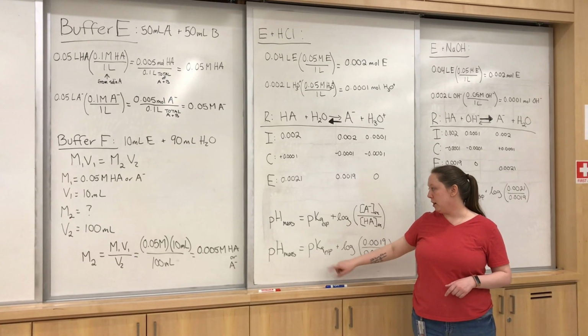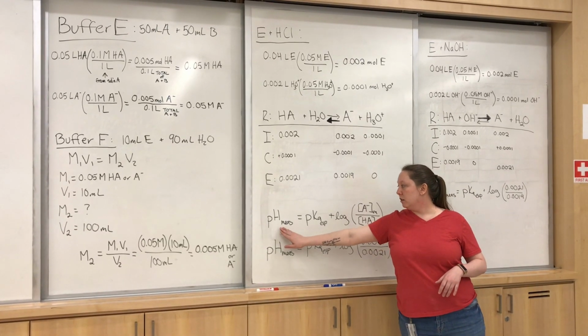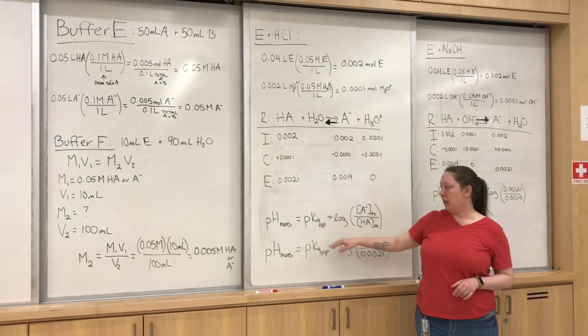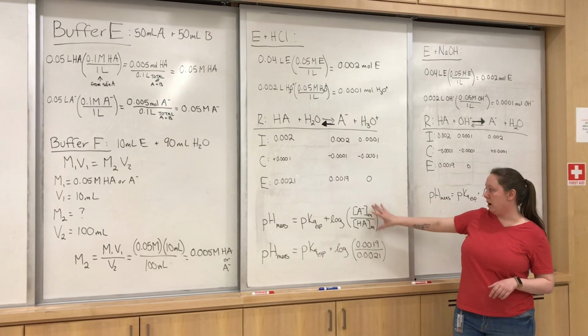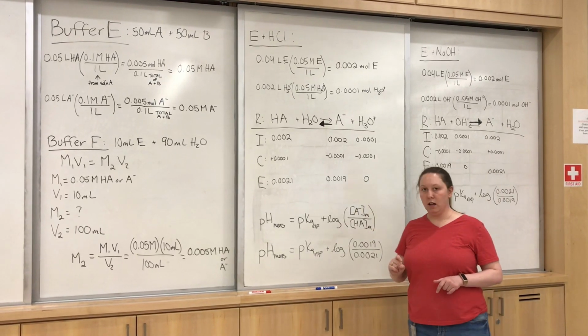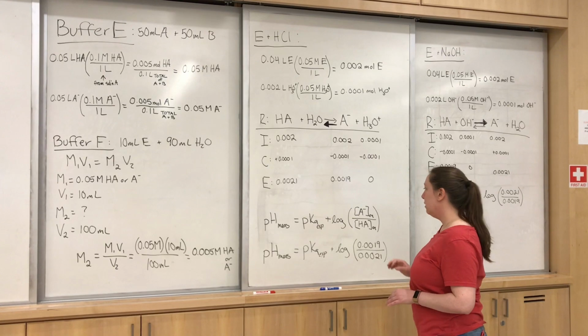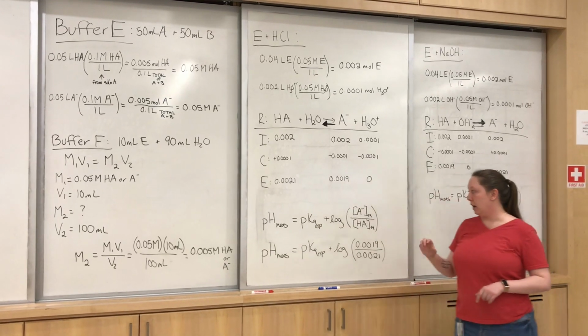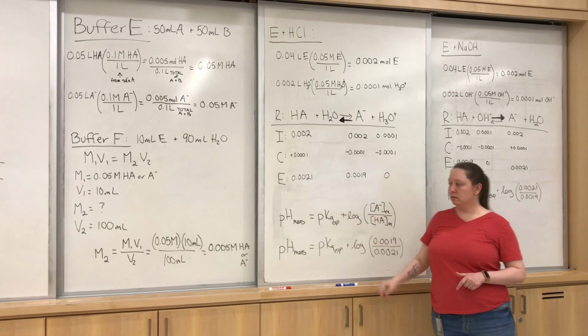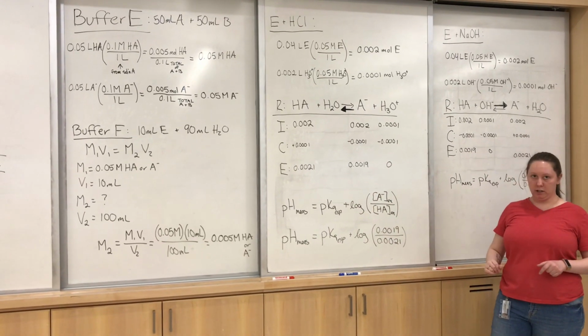So this is experimental. So the measured pH equals the experimental pKa plus the log of your conjugate base over weak acid.